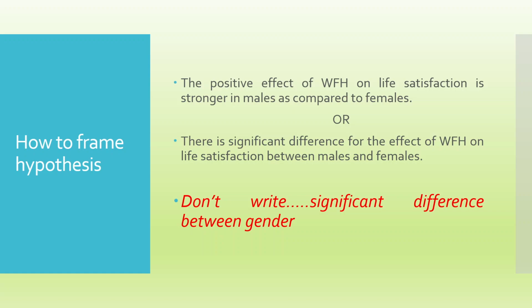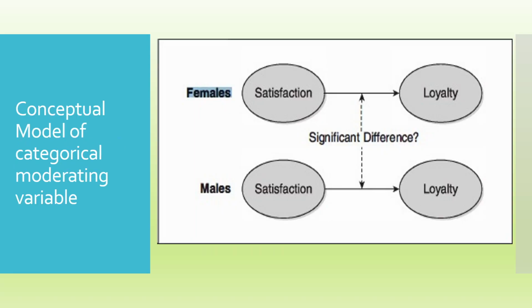Don't write significant difference between the gender. You can see here the conceptual model. Satisfaction is affecting the loyalty, but is the satisfaction affecting the loyalty with the same magnitude in male and female? That is what we are trying to study. So here gender is moderating, or again I'm using the word altering the relationship.